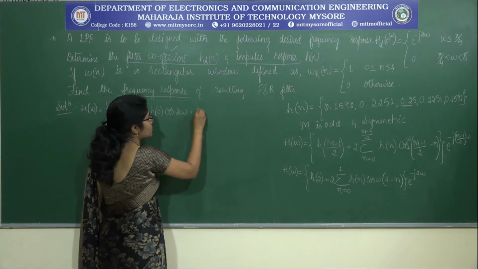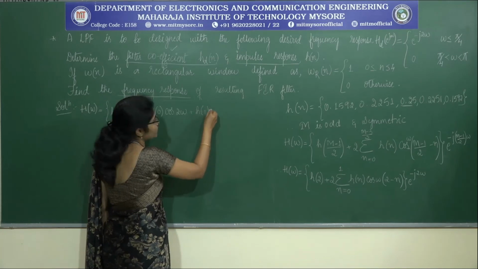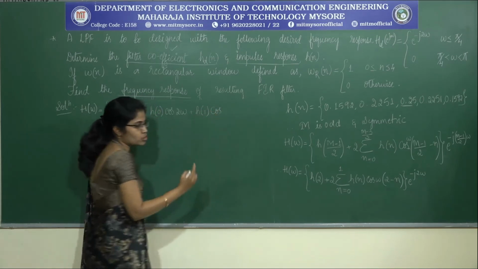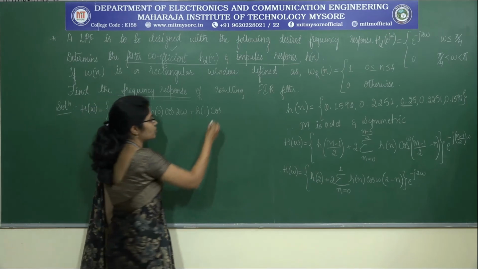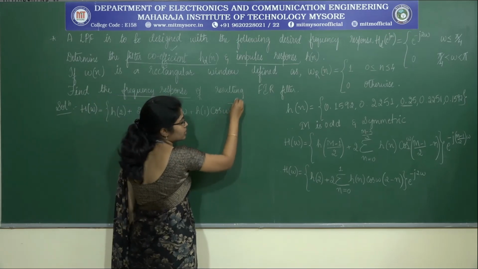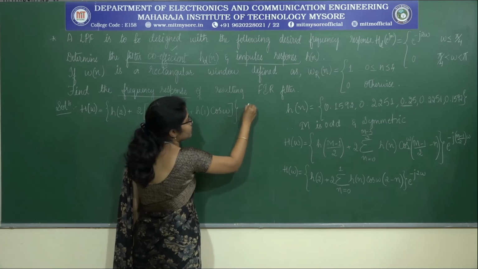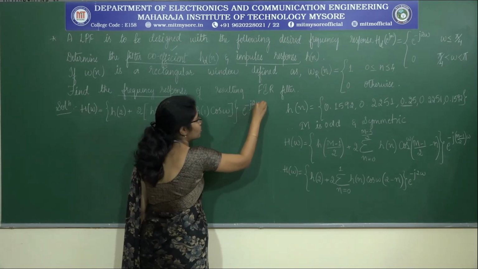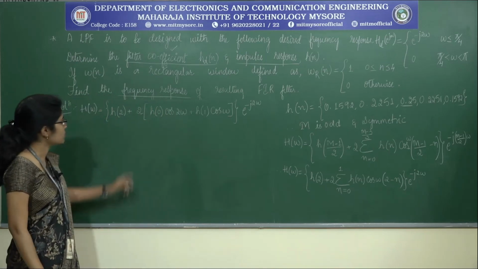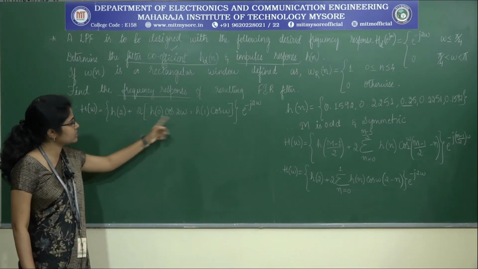Plus the next value is h of 1 into cos, 2 minus 1 is 1, 1 into omega is omega, into e power minus j 2 omega. Okay. So now let me multiply this 2 inside the bracket.